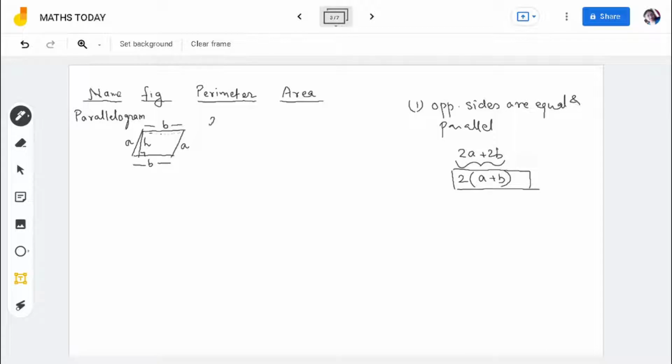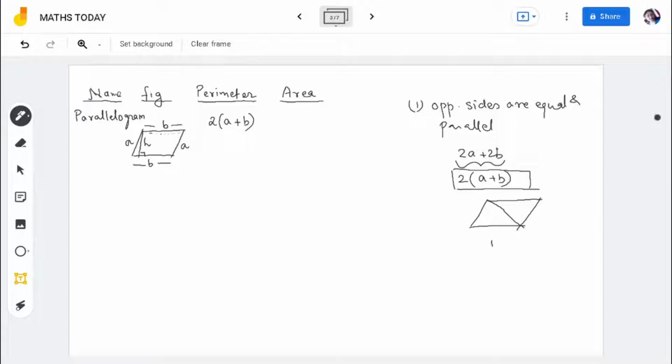Now let's come to the area. For finding out the area of the parallelogram, let me tell you one thing. If I join one of the diagonals of a parallelogram, it divides into two equal triangles. And we know that the area of a triangle is half into base into height.